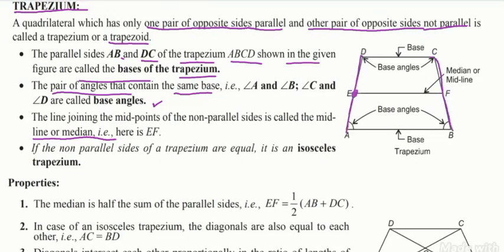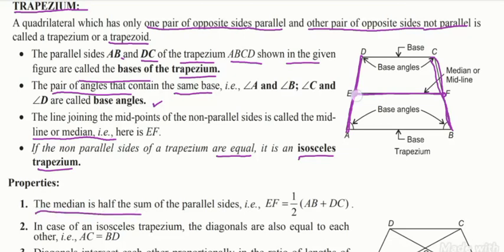The midpoints are E and F. The midpoint of AD is E, the midpoint of CB is F. If you join both, then EF comes. That EF is nothing but the median of the trapezium. Next, if the non-parallel sides of a trapezium are equal, suppose AD is equal to CB, then it is called isosceles trapezium. Very important. Next, properties. The median is half of the sum of the parallel sides.